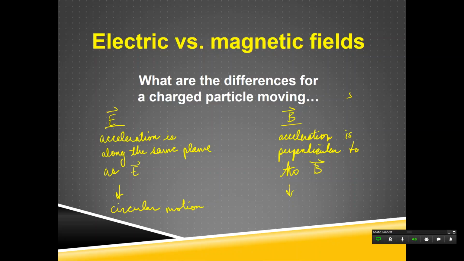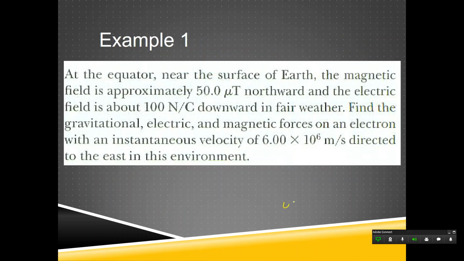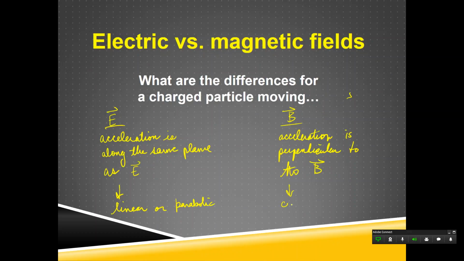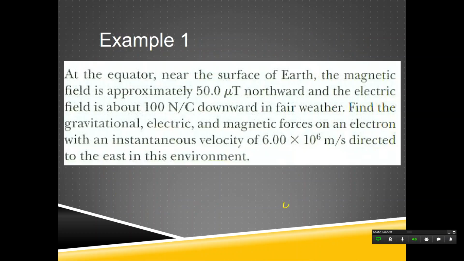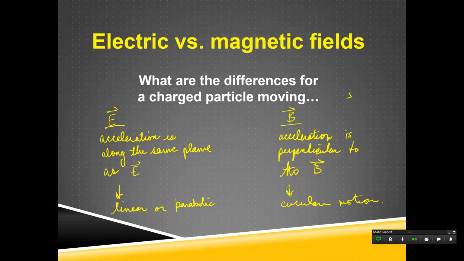I'm going to write both, so you guys should know. Oh, I have them opposite. This is going to be linear or parabolic, and this one is going to be circular motion. Oh, sorry, I didn't know it switched. Sometimes when I put a dot at the end of my sentence, it switches slides.